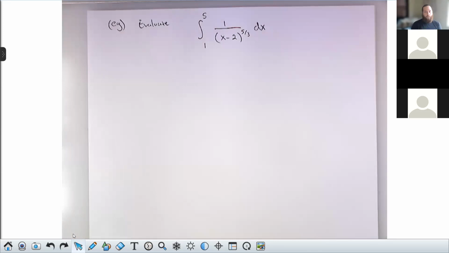Let's look at the integral from 1 to 5 of 1 over x minus 2 to the 5/3.